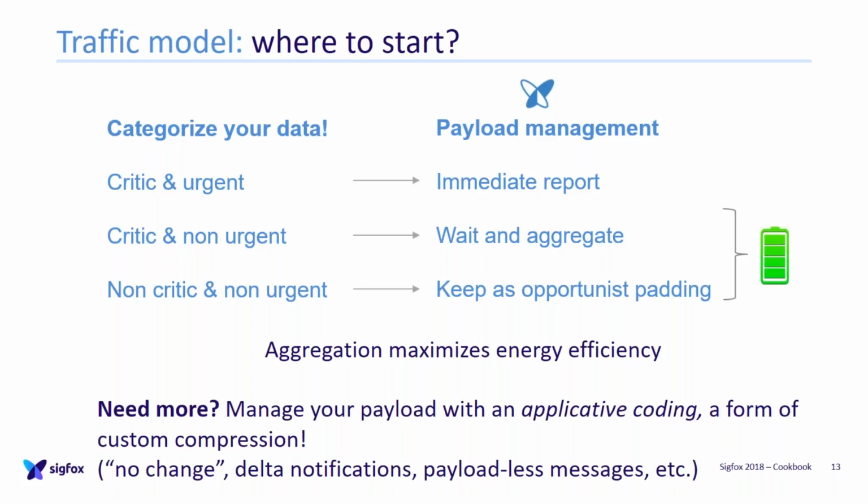Some of our partners even go further and manage their payload with a kind of applicative coding. In fact, this is a form of custom compression, but it doesn't appear like this when you design. When you design, you say, okay, I have several kinds of data, and one of the data reports I do is very often, and there is little change. But it eats up, I don't know, 5 bytes payload. If you have non-critical data associated to a recurring request to the network, then there's a way to say, okay, I'm just going to provide an index.